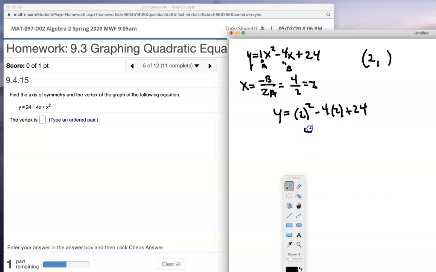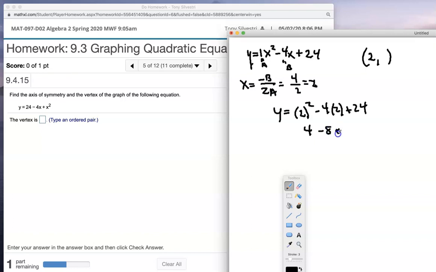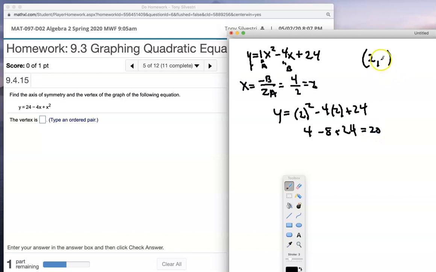Powers first. Multiplications next. And then left to right order, 4 minus 8 is negative 4, plus 24 should be 20. There's your vertex. (2, 20).